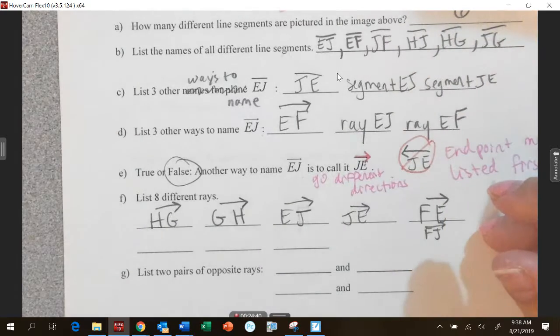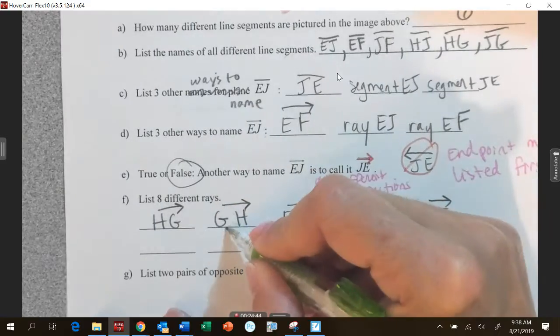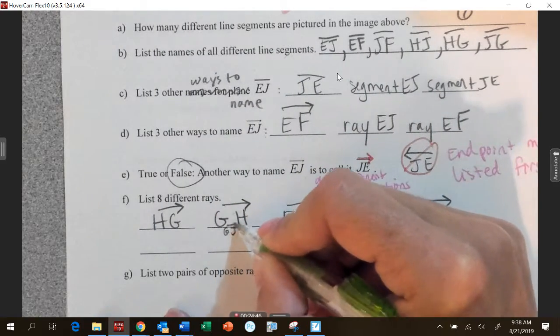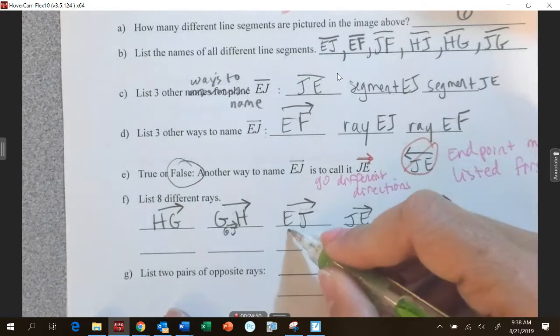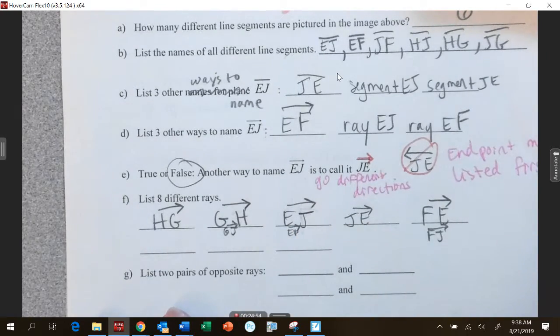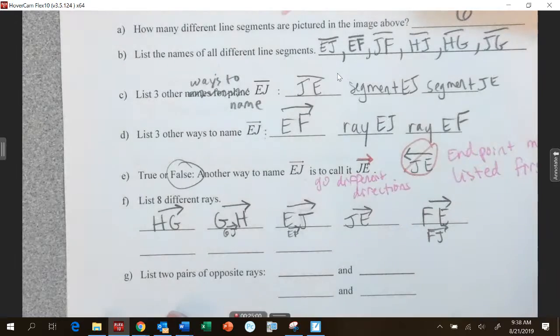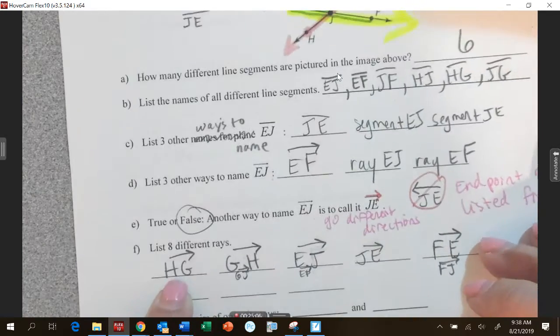You can list them. G-J is G-H. That's the same one there. We said that one. Give me a different one. This one's E-F. H. Oh, yes, but that wouldn't be different. That would be the same as this one.